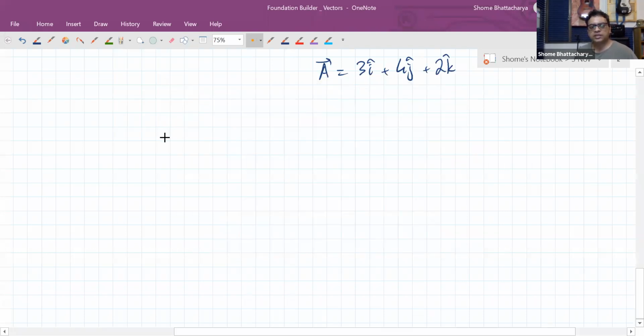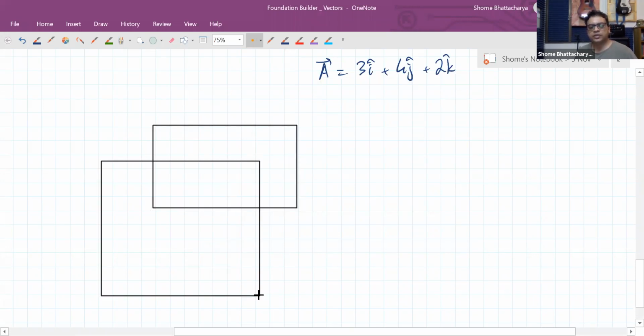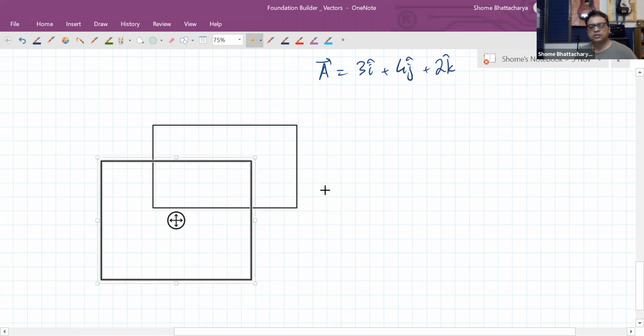So just imagine you have this okay. Only that it's a bit specific now, that its edges are of specific lengths, let's say 3, 4, and 2.